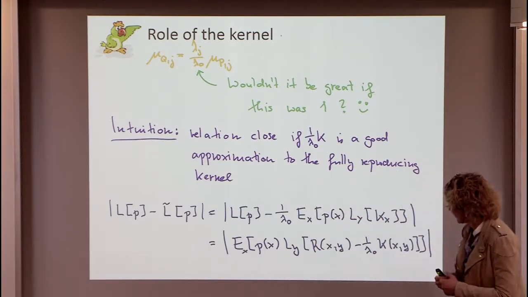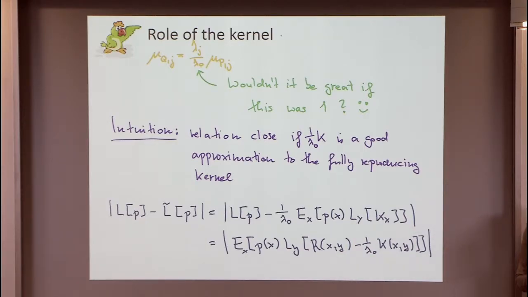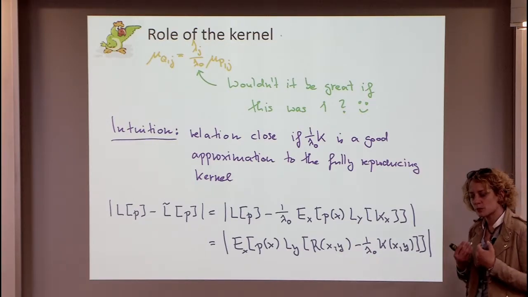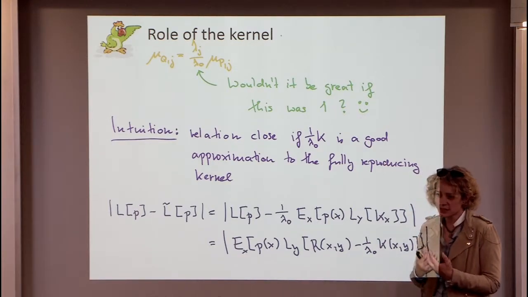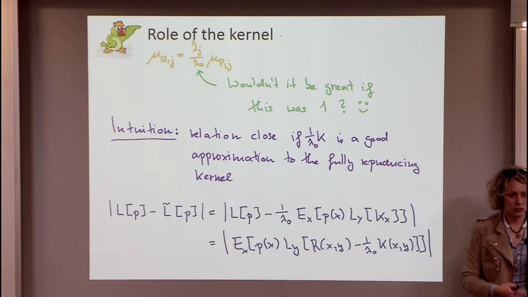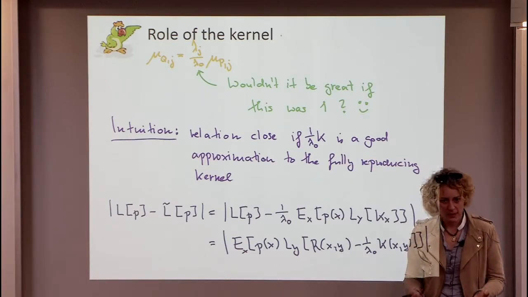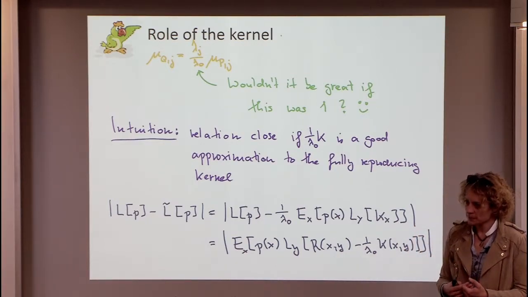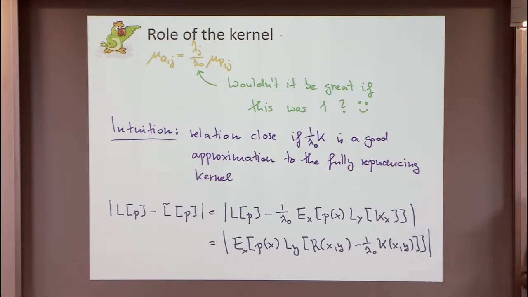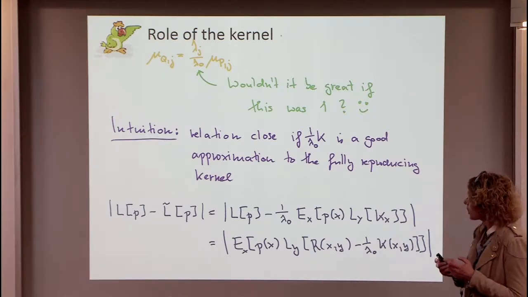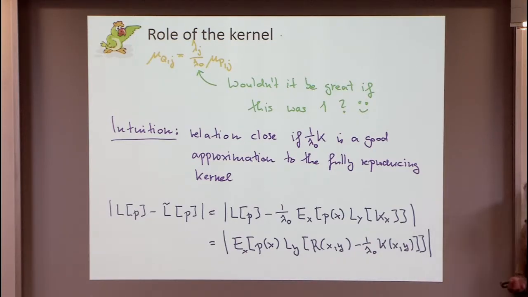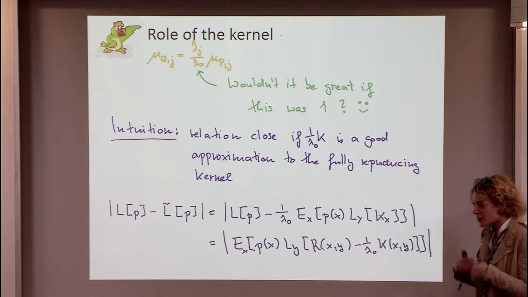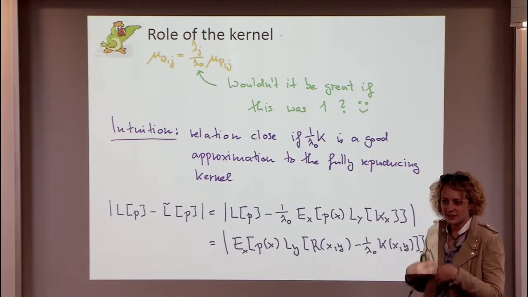But maybe we cannot. So what prevents us from this? Note that I had imposed some restrictions on this kernel because I wanted it to be valid. In particular, I wanted it to be a square of this function zeta xy, where zeta xy was a polynomial in y of degree at most L. So what we're really doing here is trying to approximate this delta function, this fully reproducing kernel, by using ever larger kernels of ever increasing degree.